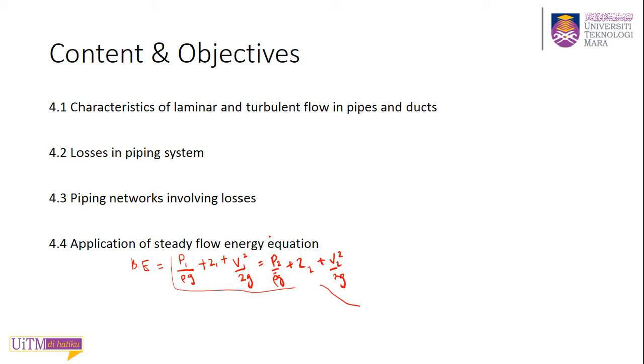It is an extension from chapter 3. That's why you still have laminar and turbulent here, and we have discussed this in chapter 3. We have already learned what is laminar flow and what is turbulent flow. So in chapter 4 again we will discuss that flow in order to find the losses in the piping system.